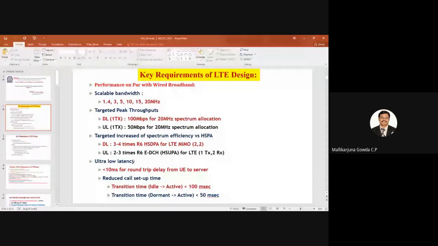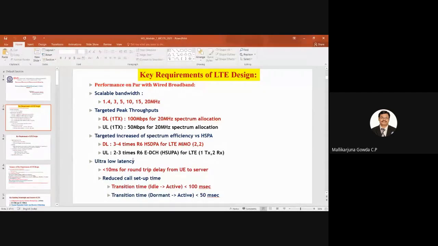And it has flexible or scalable bandwidth. It can be operated with a bandwidth of 1.4 megahertz, 3 megahertz, 5, 10, 15, and 20 megahertz. As far as latency is concerned, it has been targeted to provide a latency of less than 10 milliseconds.